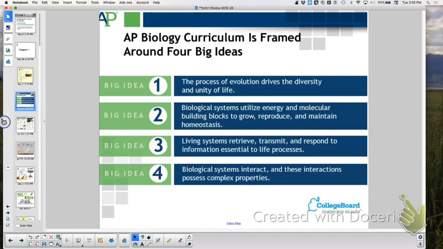So the process of evolution drives the diversity, how life changes and adapts, and the unity of life. That makes me think of LUCA. What are the 3 big pieces of biochemical evidence supporting LUCA? DNA, RNA, and ribosomes.